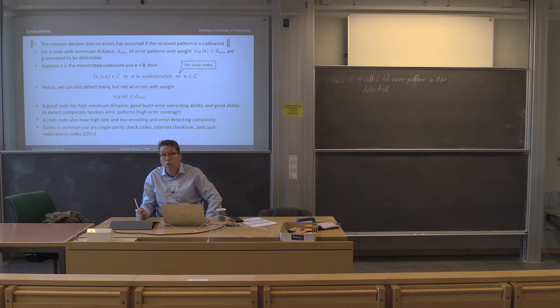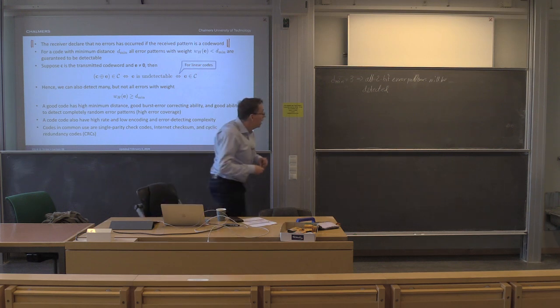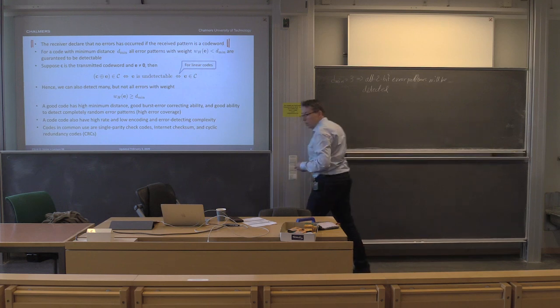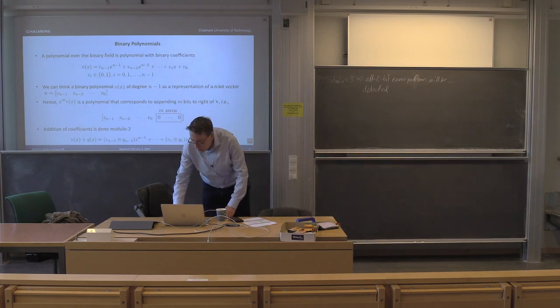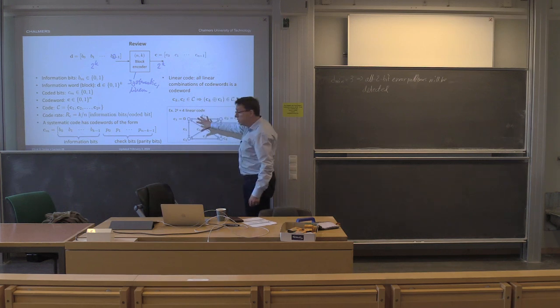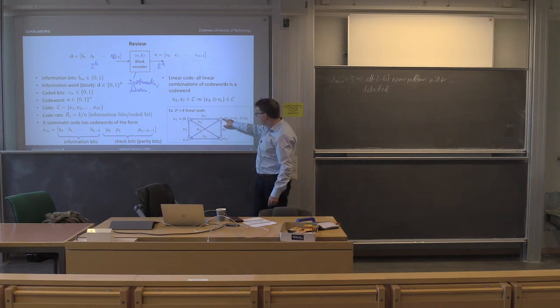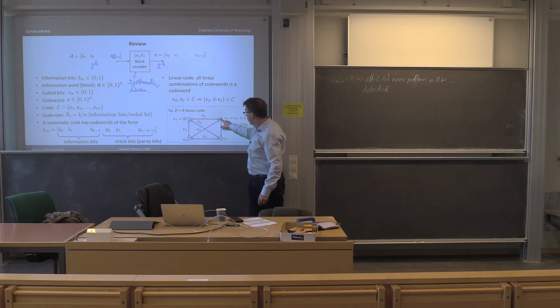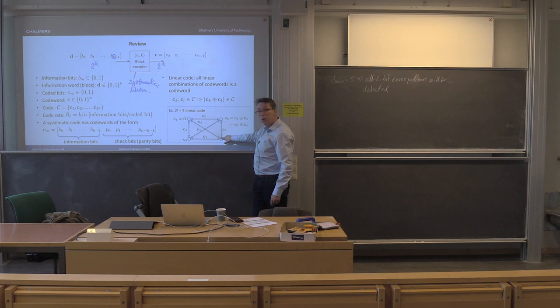Okay, it was a little bit quick, right? So, yeah, for instance, if we go back, it's actually easier to see here. Now, this is a linear code. Okay, we have 4 code words like this. And to get from one code word to another code word, we follow this line here, which says that if we're in C2 and we want to go to C4, we add C3 to it.